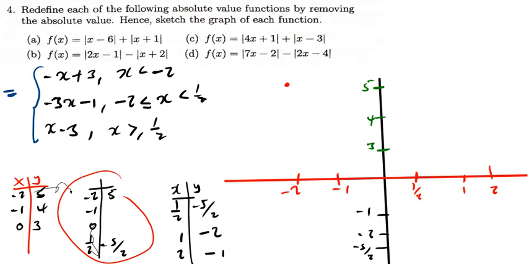Negative half is here, 2 is there. Okay, so before I put the line, I want us first to do 1 over 2, 5. Again, it's the same point. 1 over 2, no, it's here.